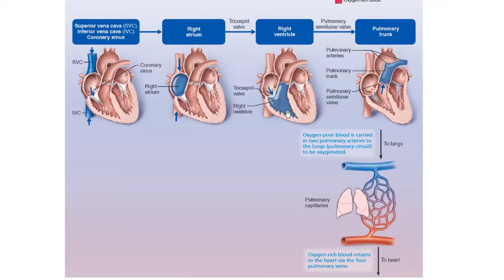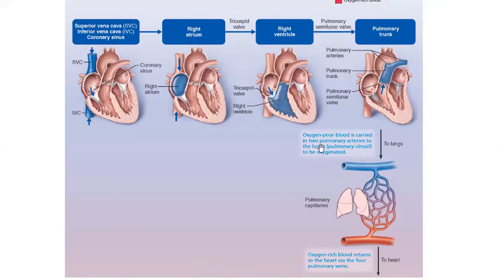From the right ventricle, we go up toward pulmonary, meaning the word lung. So going toward the lung, we have the pulmonary arteries, the pulmonary trunk, then to the lungs, so we may respire the carbon dioxide outwards.